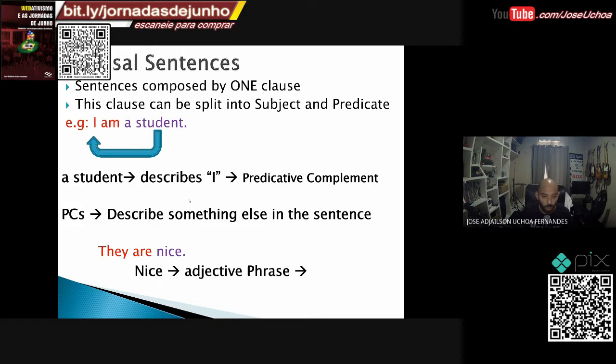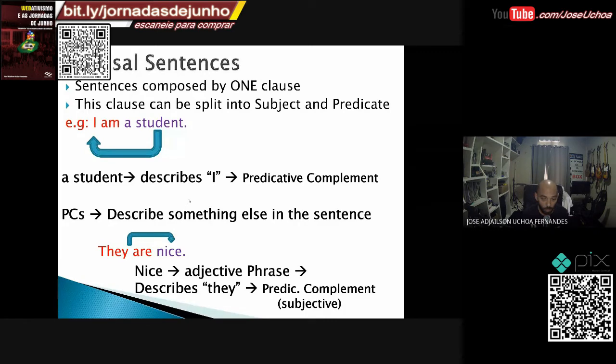Exactly, because nice, considering it as an adjective or an adjective phrase, okay, I'm putting the more general definition with adjective phrase. You can just consider isolated adjectives as nice playing the same role. Nice is referring back to they. It describes they. That's what they are, okay?